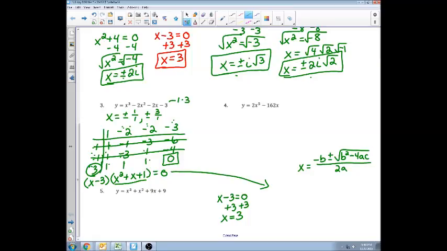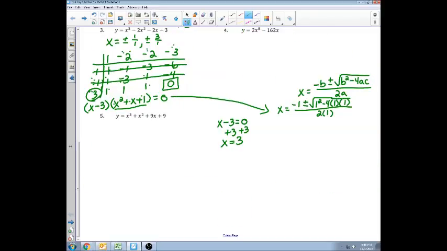My a value in this case would be 1, my b value would be 1, and my c value would be 1. So x would equal negative 1 plus or minus the square root of 1 squared minus 4 times 1 times 1 all over 2 times 1.